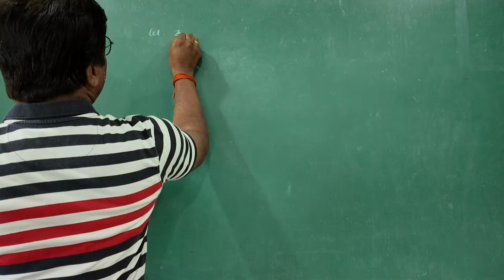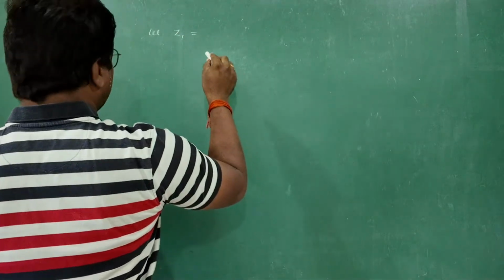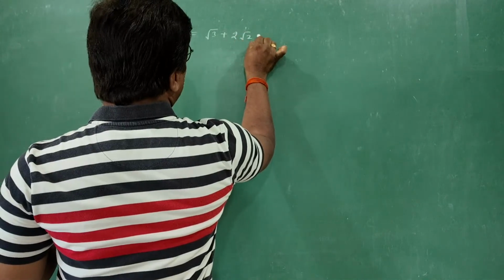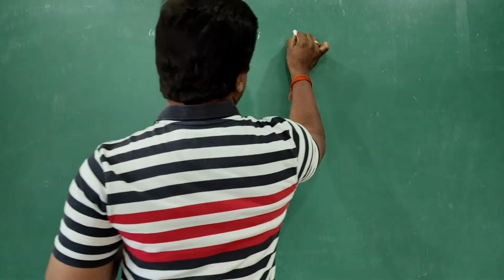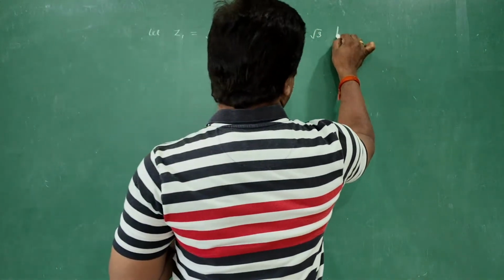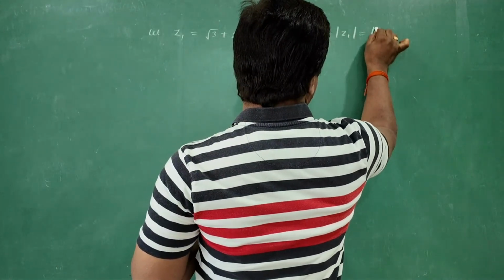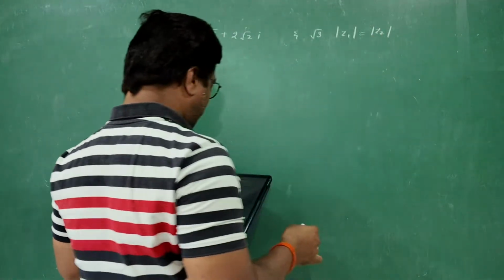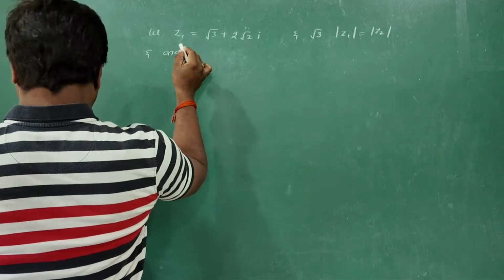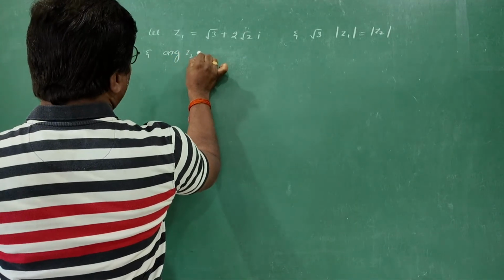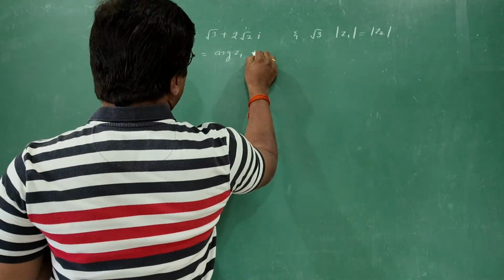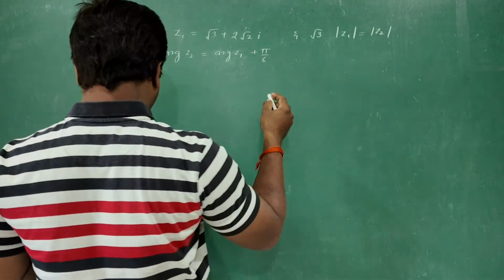Let Z1 equal to root 3 plus 2 root 2i, and given that root 3 modulus Z1 equal to modulus Z2, and also given argument of Z2 which is equal to argument of Z1 plus pi by 6.